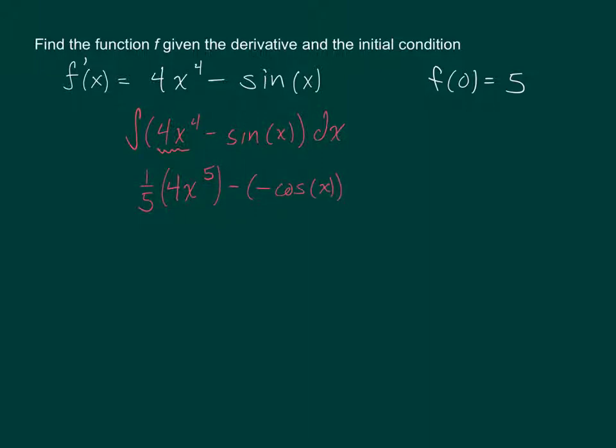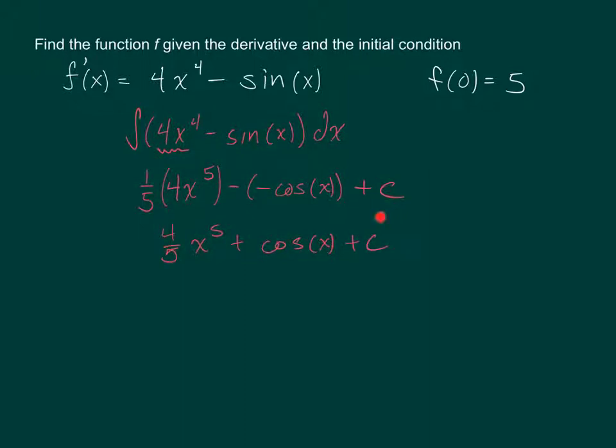This is just one of those trig antiderivatives that you will have to memorize. And then at the very end, I have to add c. So simplifying this down a little bit, I know I'm going to have 4/5 x to the fifth power plus the cosine of x plus c.